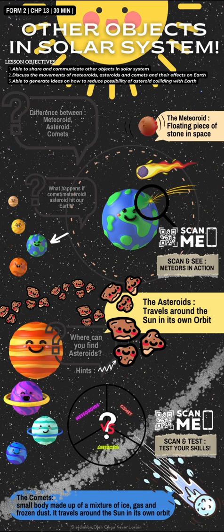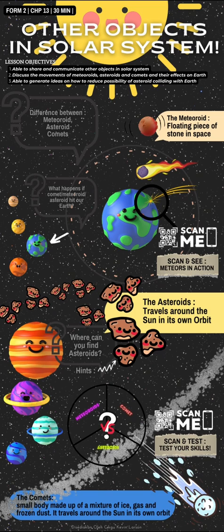Because as it enters the Earth's atmosphere, it will produce friction and air resistance, which results in friction and produces light. It travels so fast, but don't worry, the meteoroids are very small.